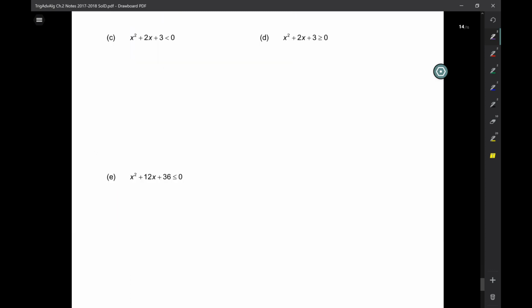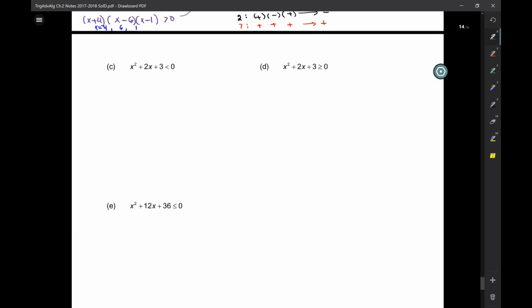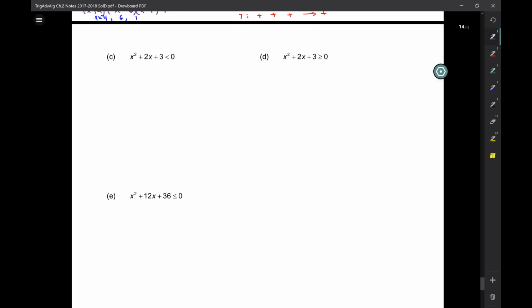Okay, moving on, you know that for every rule there must be some exceptions. So let's take a look at these then. Same situation, we're going to factor this. Although, you take a look at this and you go, okay, not possible to factor. So then I have to use the quadratic formula to find a 0. Doesn't factor.